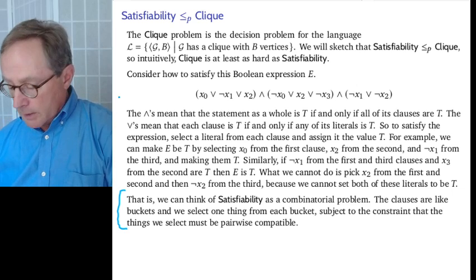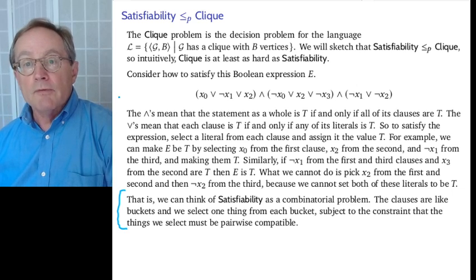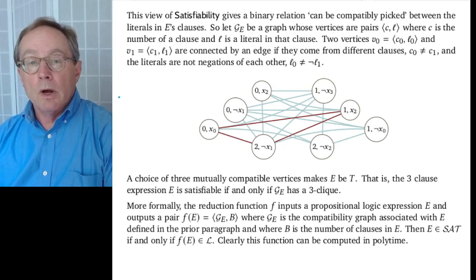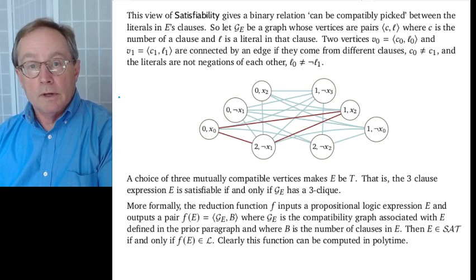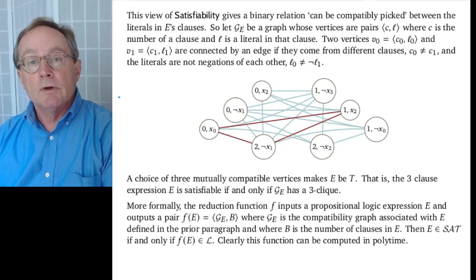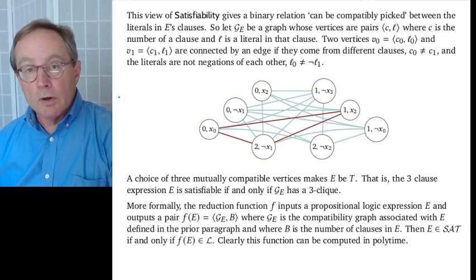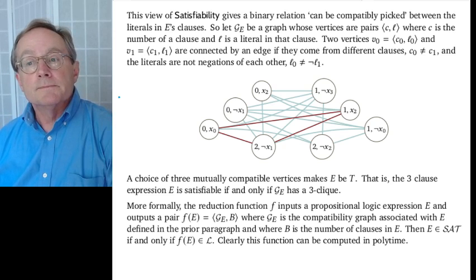F rephrased the problem in that way. We came up with a function that turned an expression into a graph, and the expression is satisfiable if and only if the graph has a clique of the appropriate size, namely the number of clauses in the expression. Here it's a 3 clique.